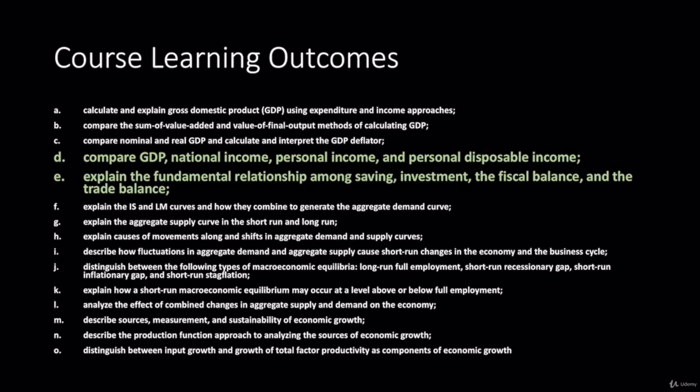And once we have those orange juices, we can figure out how to measure them in terms of how many people bought those orange juice in terms of expenditure, or how much money the man who sold the orange juice made, right? So that's the income approach and the expenditure approach. And we used either the value added of the oranges that made the orange juice, or we just used the final price of the orange juice to measure GDP.